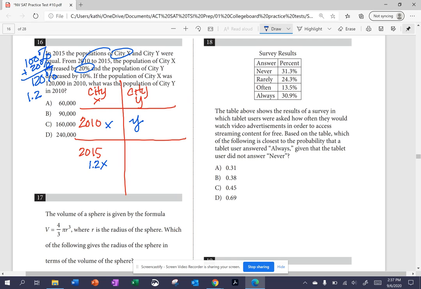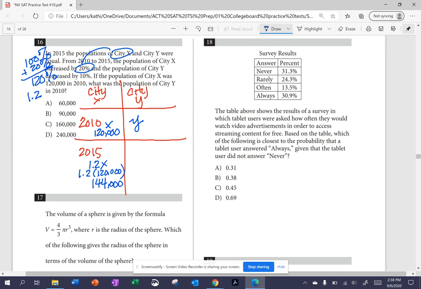And it says city X was 120,000 in 2010. So this is going to be 1.2 times 120,000, which is 144,000 people.